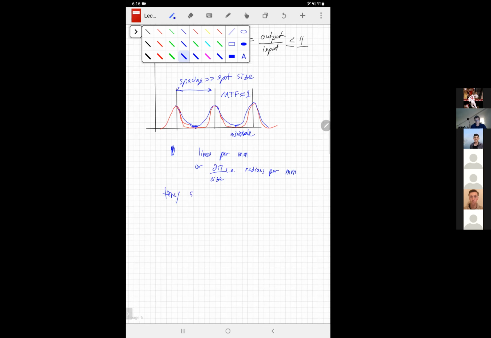Tiny spot, large k. Large spot, small k. So when people want to talk about tiny spots or sharp features, they talk about large k, large spatial frequencies. If they want to talk about large features, they talk about small spatial frequencies.